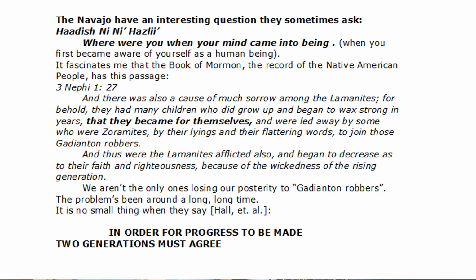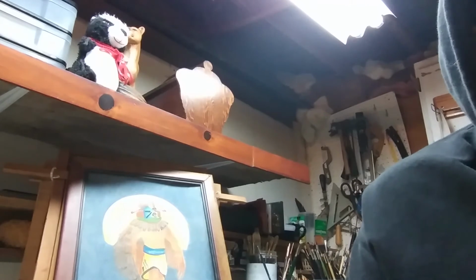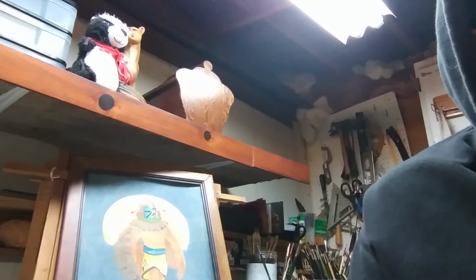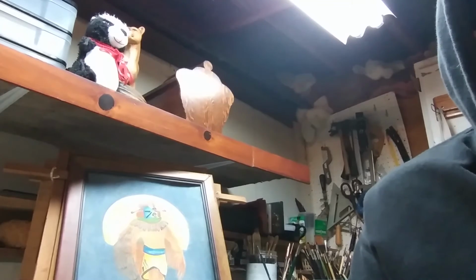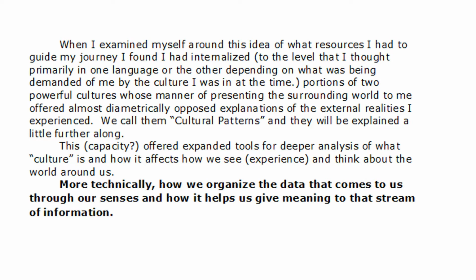So we weren't the only ones losing our posterity to Gadianton robbers. The problem's been around a long, long time. It's no small thing when they say, in order for progress to be made, 2 generations must agree. And that is one of the pillars of our study of this material. How do we bring that to pass?